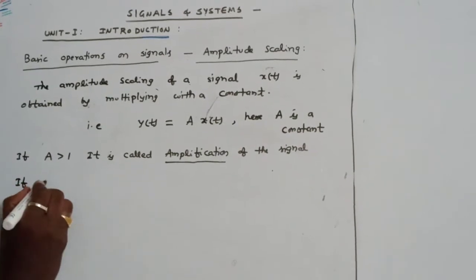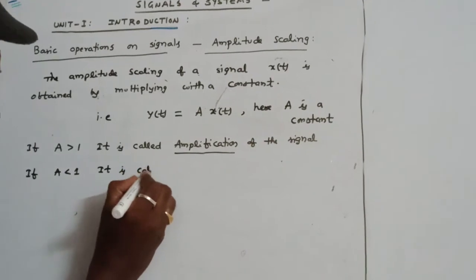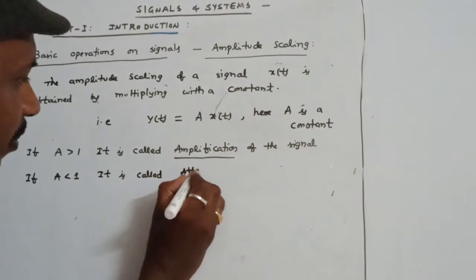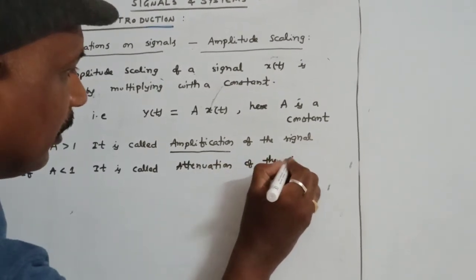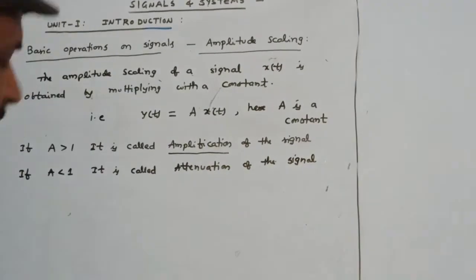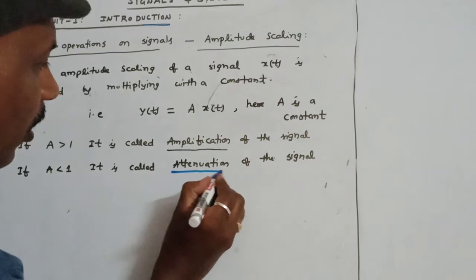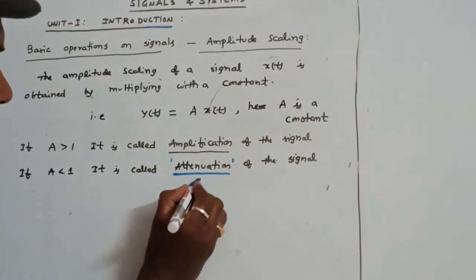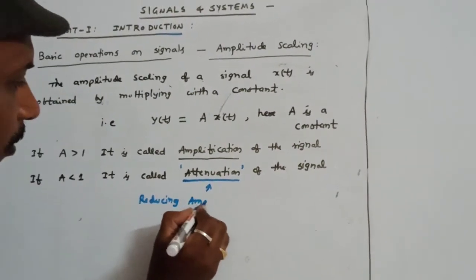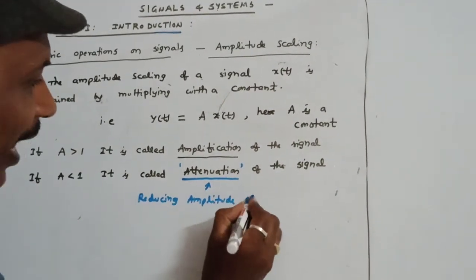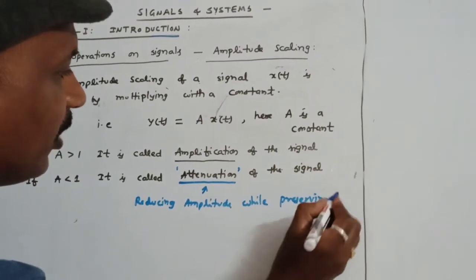If a is less than 1, for example if you take the value of a less than 1, it is called attenuation. Remember the word attenuation of the signal. Attenuation means reducing the amplitude of the signal while preserving its shape, that means without changing its shape.